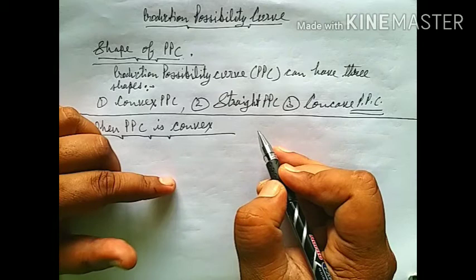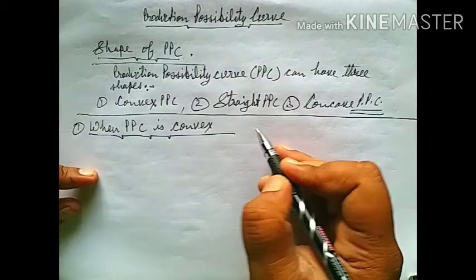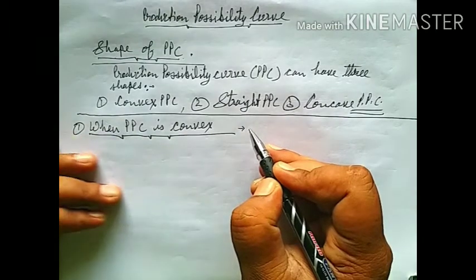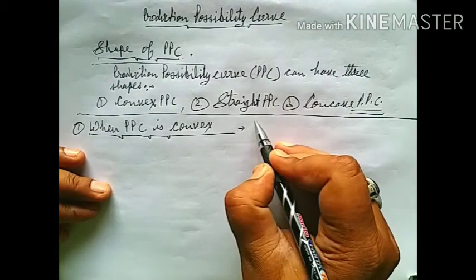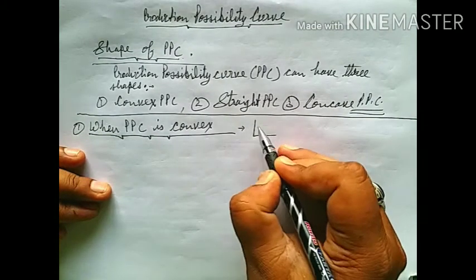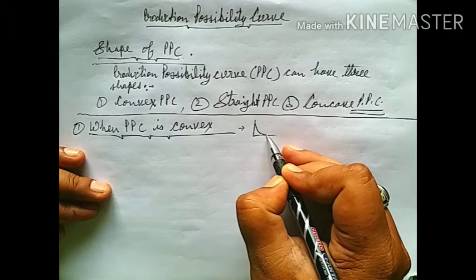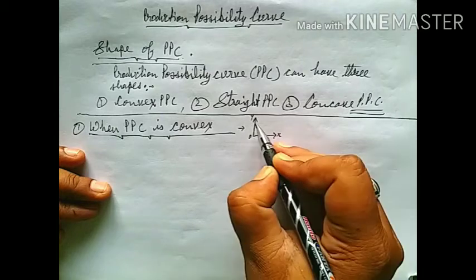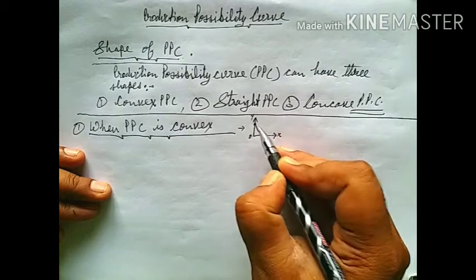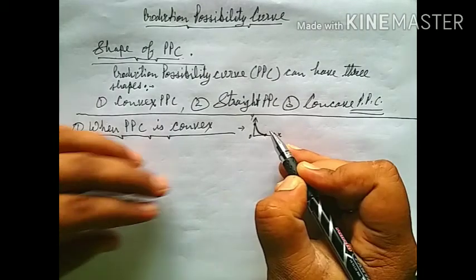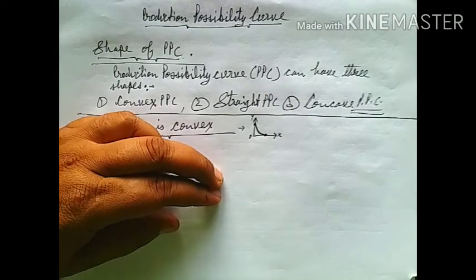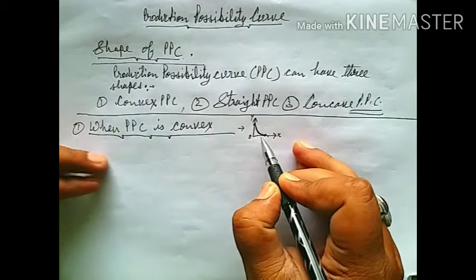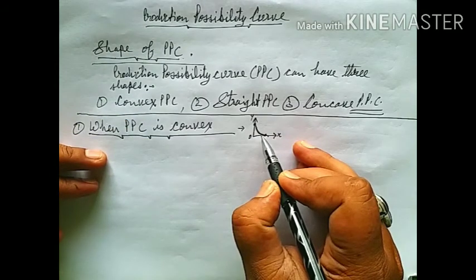Students, the convex shape is like this. X-axis here, this is the Y-axis and 0, and this is the PPC. This is the convex shape of PPC.